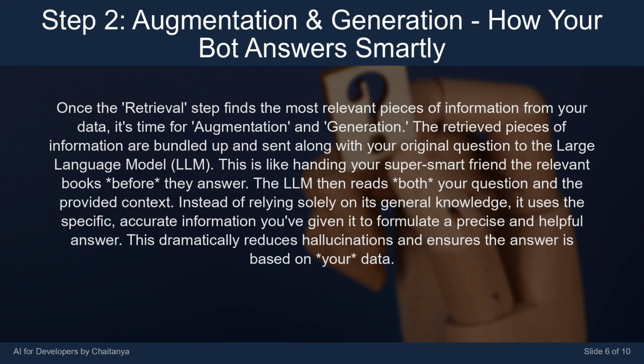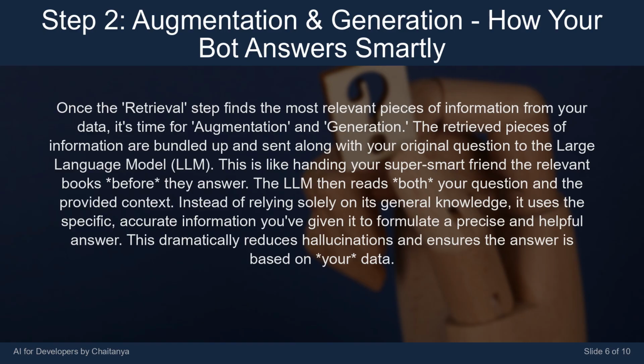Once the retrieval step finds the most relevant pieces of information from your data, it's time for augmentation and generation. The retrieved pieces of information are bundled up and sent along with your original question to the large language model, LLM. This is like handing your super smart friend the relevant books before they answer.